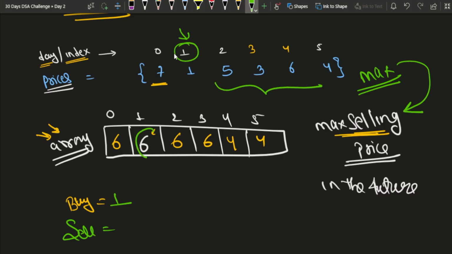We can directly get it from this array. It is 6. Let's calculate the profit. Profit is sell minus buy, which is 6 minus 1, equal to 5. This signifies that we can make a profit of 5 rupees if I buy the stock on day number 1 and sell it on day number 4.